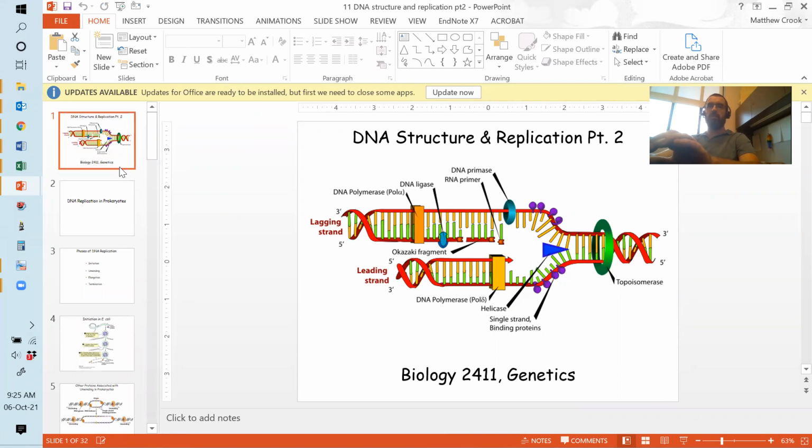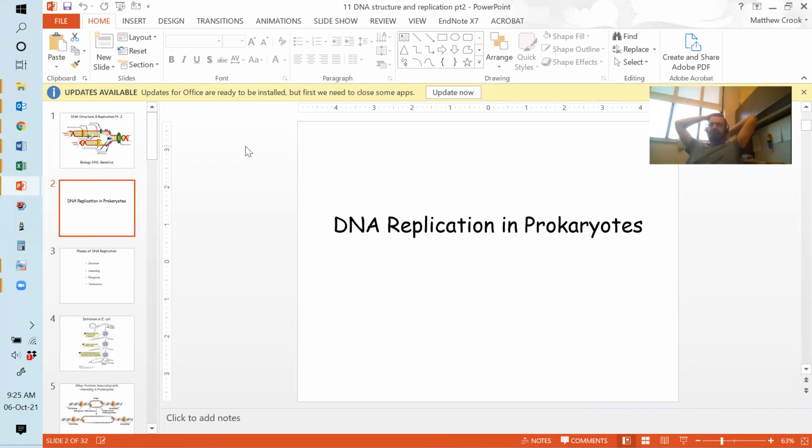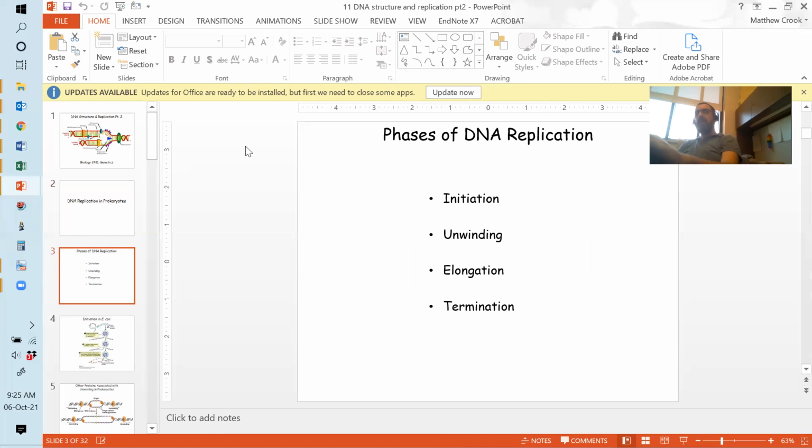So back to this one again. So what we're going to do is start with prokaryotes. Not necessarily because prokaryotes are simpler. I mean, there are a little bit, but the same principles apply. And the same idea of different phases also applies as well, right?